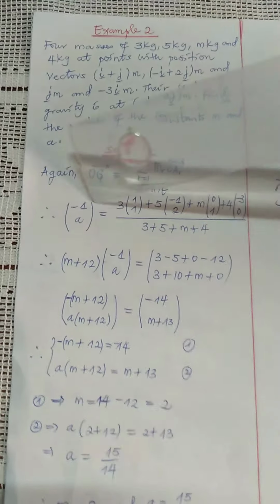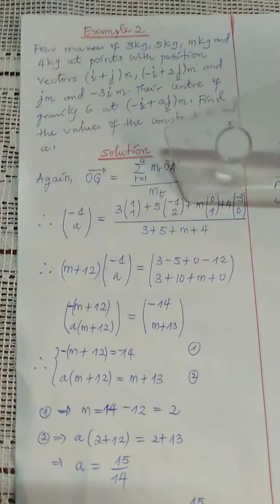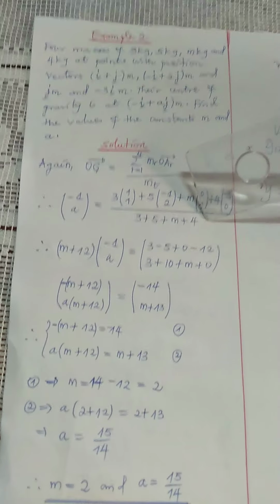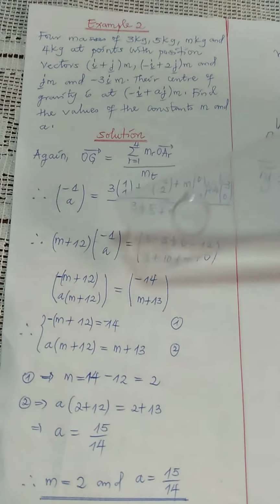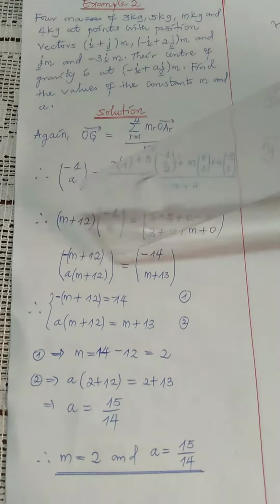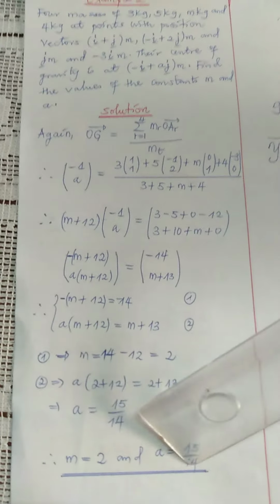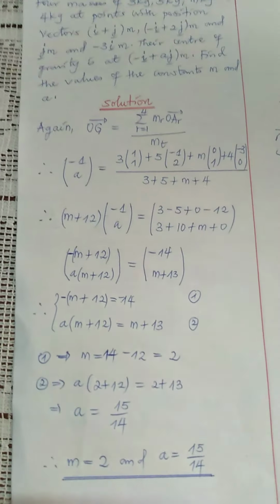So we put G. This is our G. So we put it here. Then each mass times its own position, right? Even m, all over the sum of masses. Then from there, we simply cross multiply, we add the vectors together, we compare, we equate corresponding entries, and then we solve for a and m. m gives 2, while a gives 15 on 14.